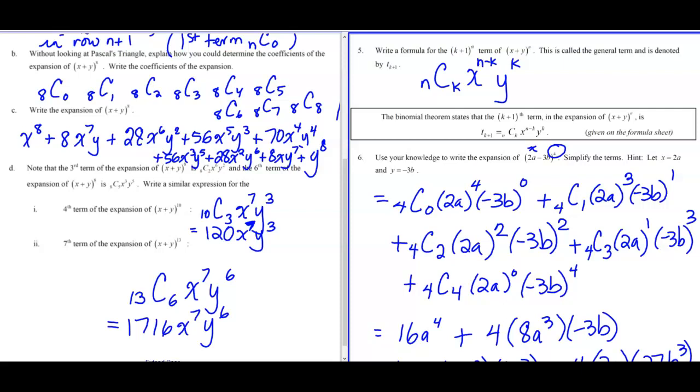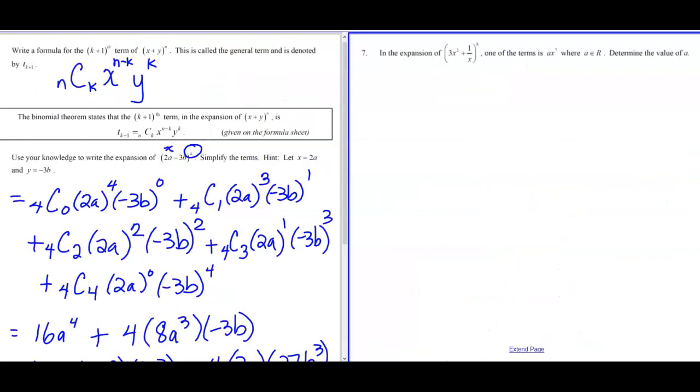These all had two variables; this just has one. You might think x to the 7th is going to be the first term, or, no, the second term because it's raised to the exponent 8. But remember, there's x's in both of those, so it's not going to be the second term. What you want to think about is the general term.